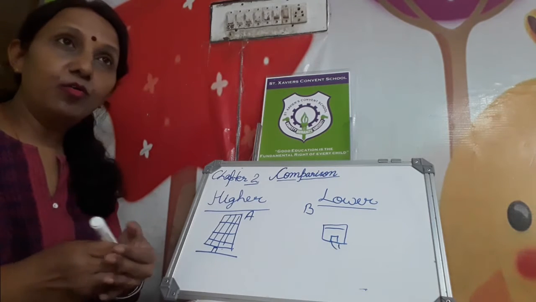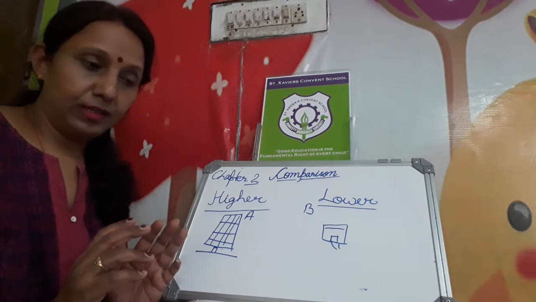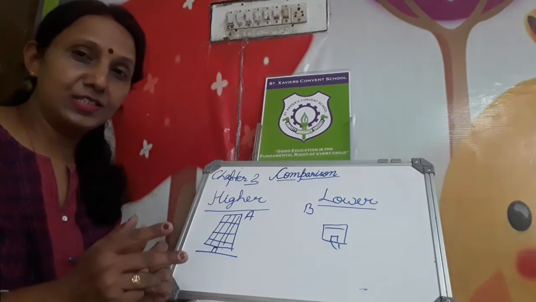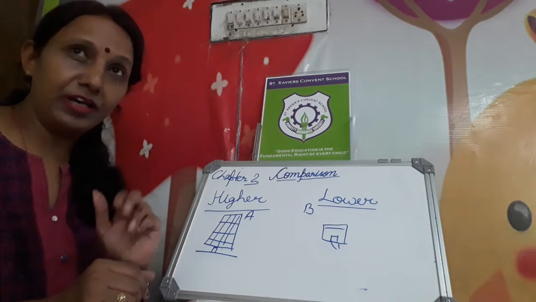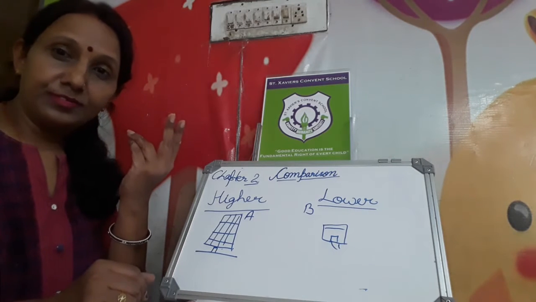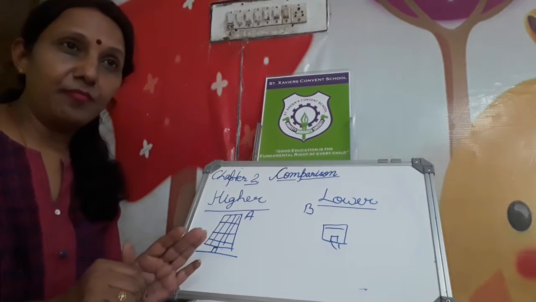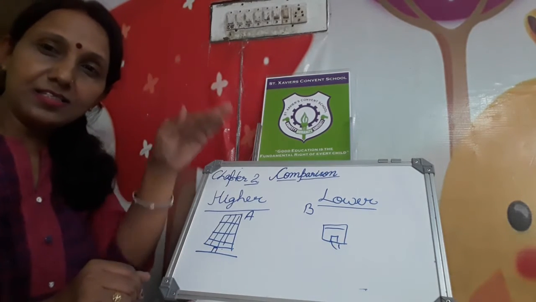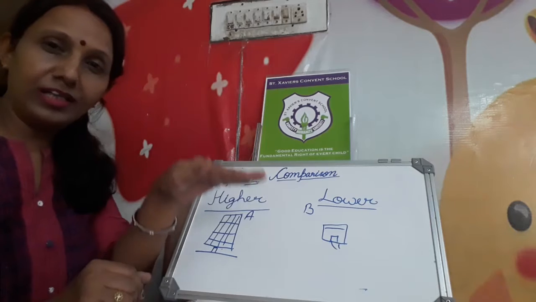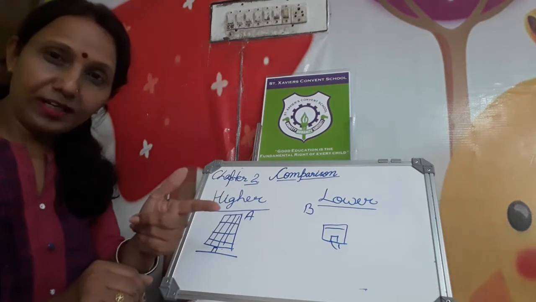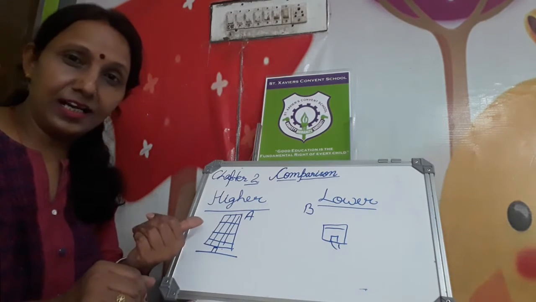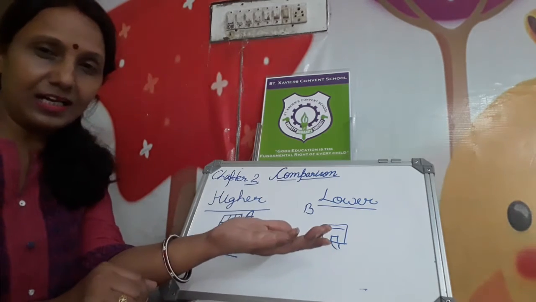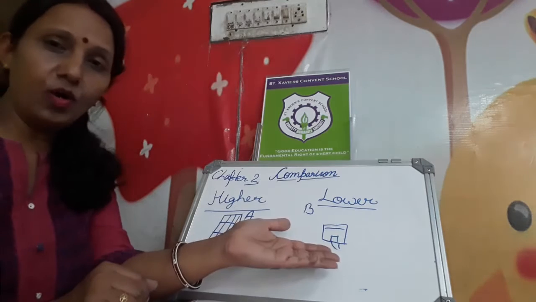Alright. When you go outside with your parents, you see the size of the buildings. On the way somewhere, you see some buildings are very high in size and some are small, lower in size. So you can compare that this one is higher in size, this one is lower.